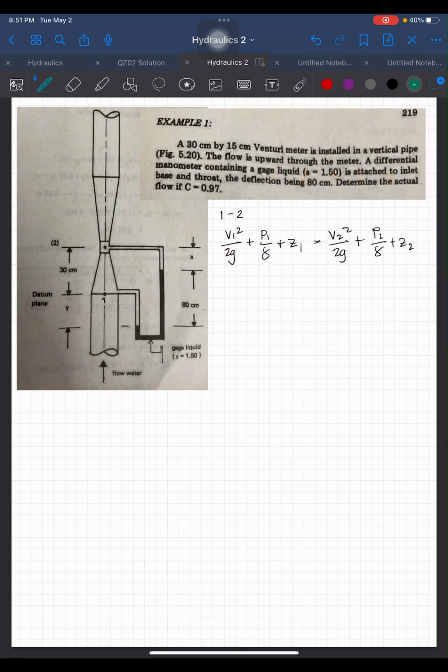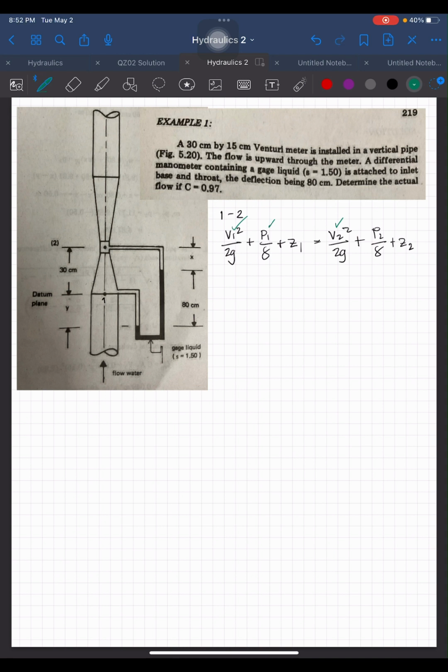So with this, alam natin that V1 has a value. So meron tayong mako-compute na value ng V1, meron tayong mako-compute na value ng V2. Okay? Meron tayong mako-compute definite na value ng P1 at meron din tayong mako-compute na value ng P2 later on. Pero dahil meron tayo ditong differential manometer, hindi natin talaga pala mako-compute ng eksakto yung P1 and P2. Makukuha natin yung difference nilang dalawa.